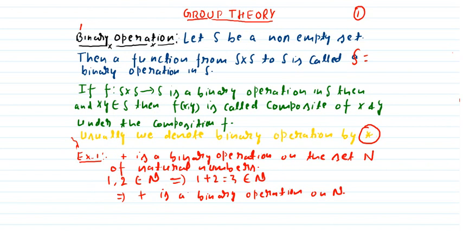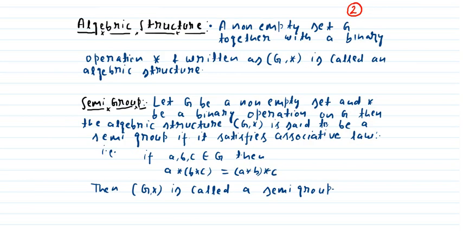Now we will define algebraic structure. Let G be a non-empty set and star be a binary operation on G. Then the set G with star is called an algebraic structure, and we will write it as (G, star).